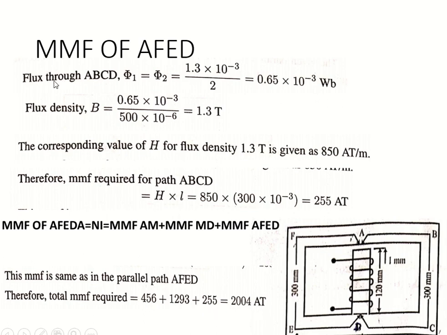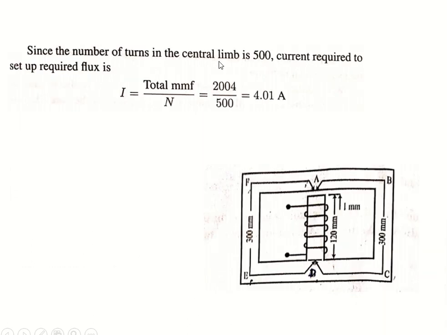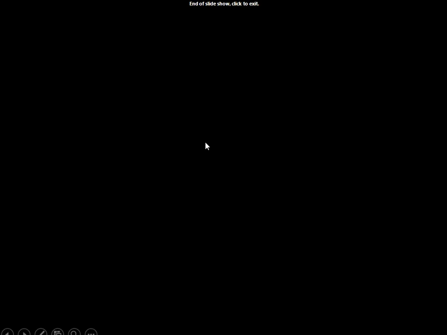Here there is a correction: flux through ABCD. They have taken ABCD, but I have taken AFED. Both are the same. Okay. So since the number of turns in the central limb is 500, the current required to set up the flux is total MMF divided by number of turns 500, and equal to 4.008 ampere. Thank you.